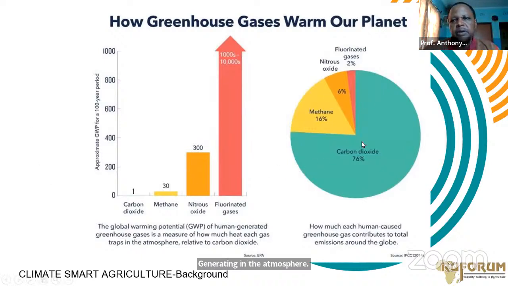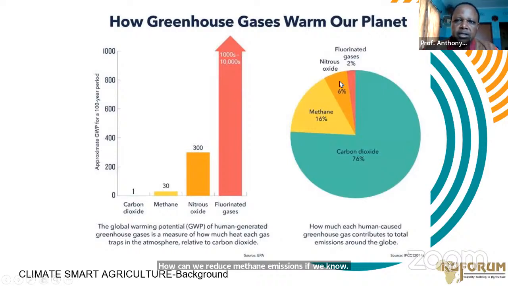So when you understand that, then we are able to ask, how can we reduce carbon dioxide emissions? Okay, now we go to the clusters. How can we reduce methane emissions if we know the sources they are coming from?